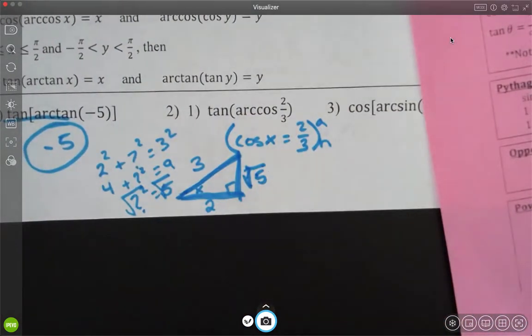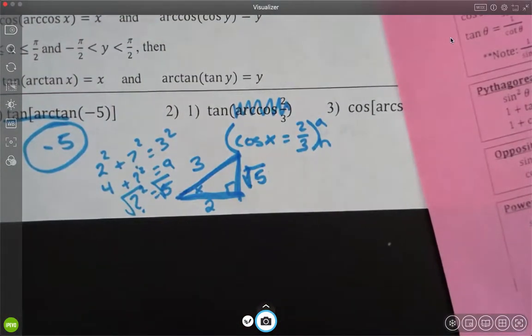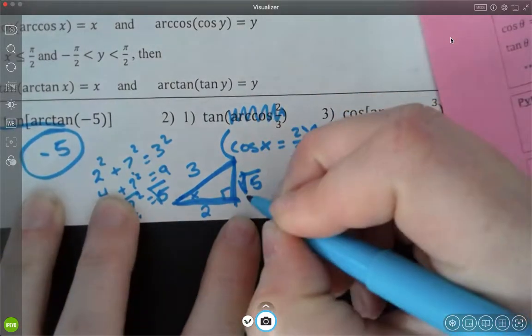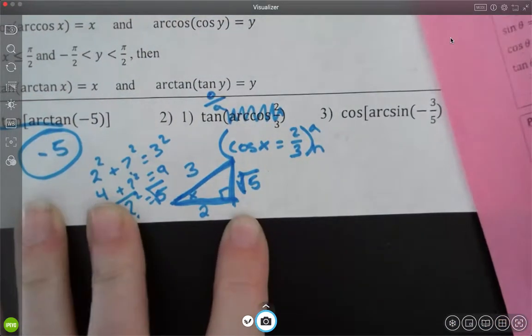Now that I know what it looks like, this whole part in parentheses helps me identify the triangle. But I want tangent of that thing. Tangent is opposite over adjacent.